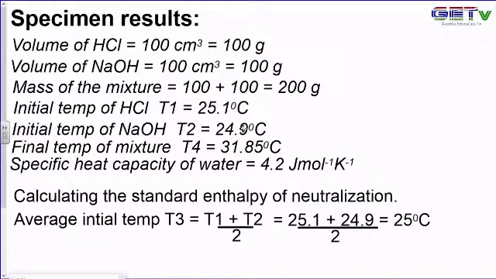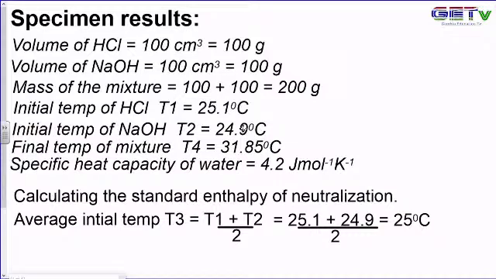Now we must have a single initial temperature, that is, the initial temperature of the HCl and the initial temperature of the sodium hydroxide are added and then divided by 2, so that you will have a single initial temperature.